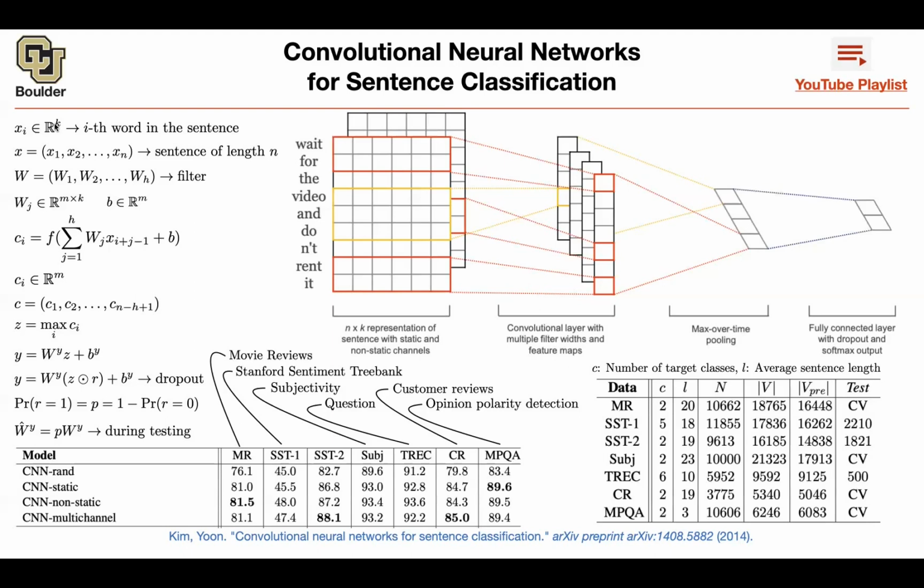For those of you who know about images, to draw an analogy, each image was actually a tensor, which is a generalization of matrices. So an image has an X coordinate, it has a Y coordinate, and each pixel is actually a vector: red, green, blue. That's how you think of images. You can think of a sentence as a one-dimensional image.